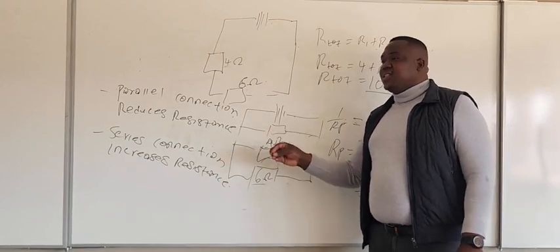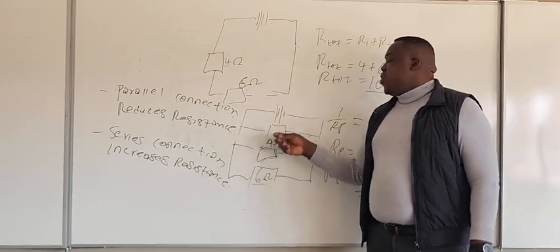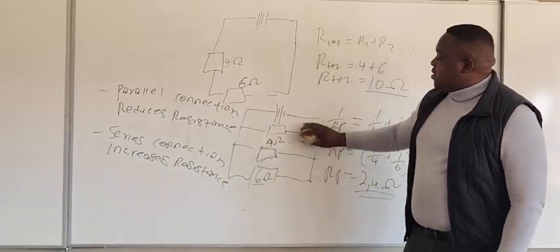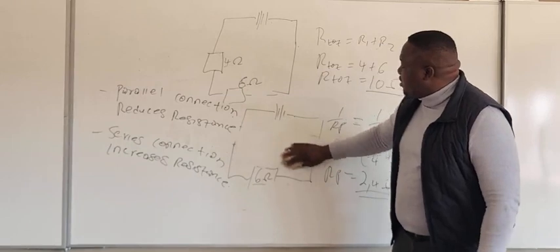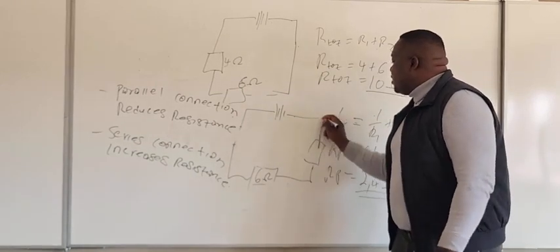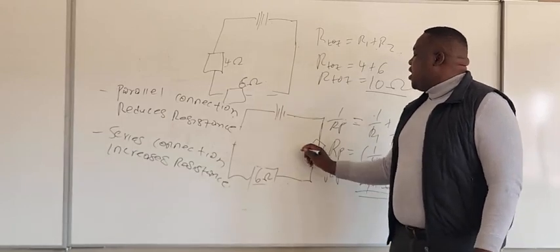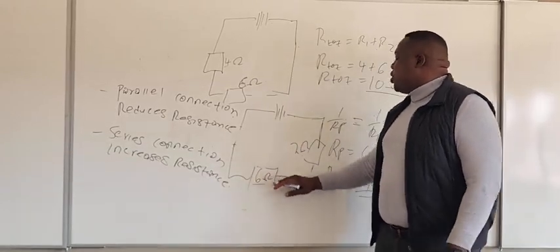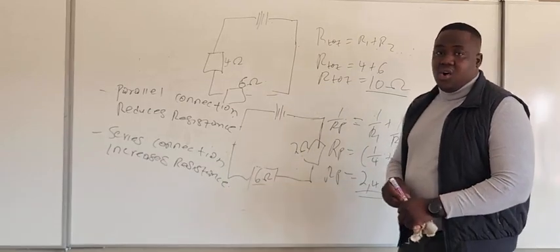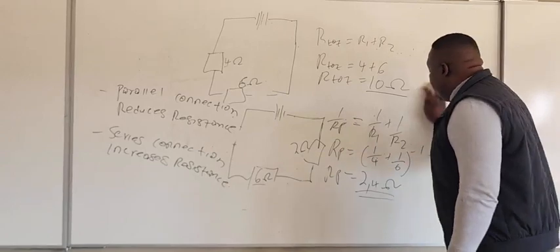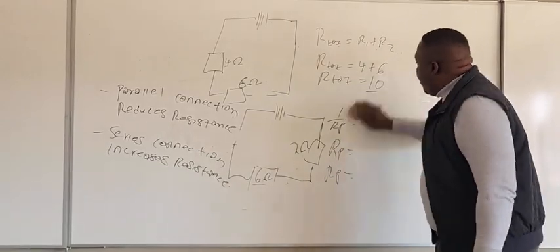But if you are told that the resistor is added in series, it means the resistance has increased. It won't be 6 anymore, it will become 8 ohms. So I hope you are understanding the relationship that I'm showing you now.